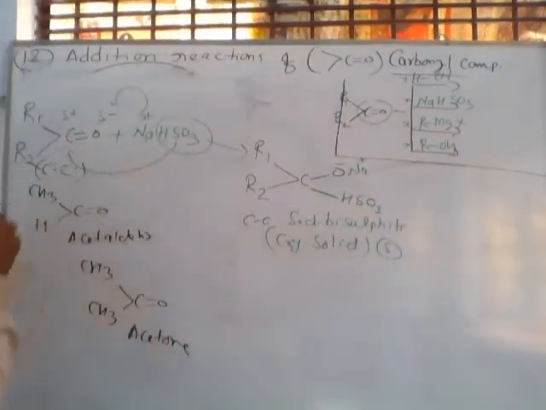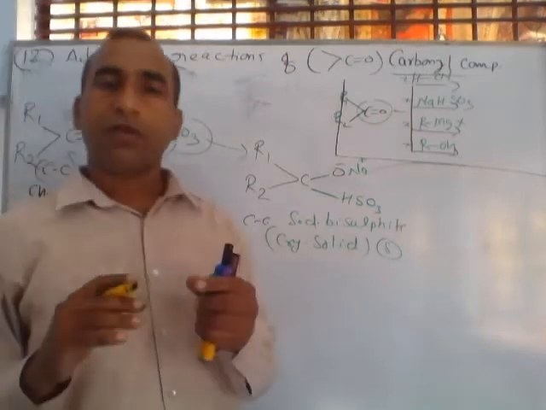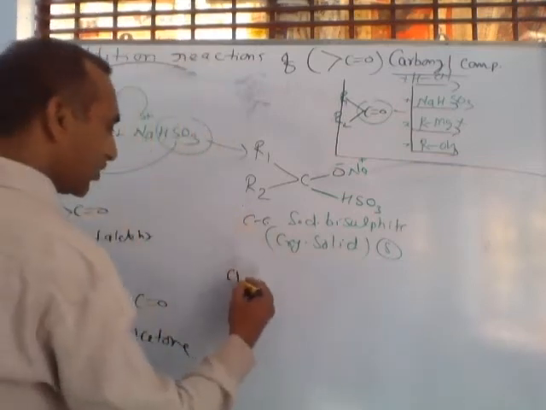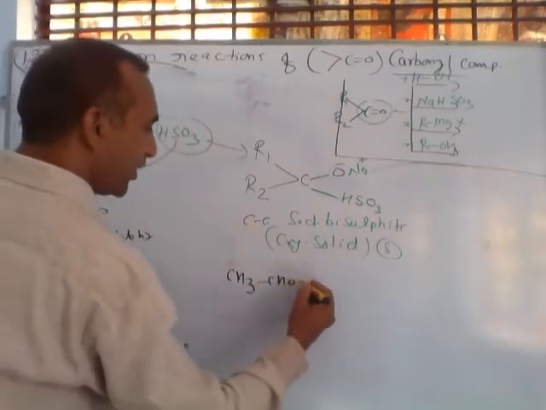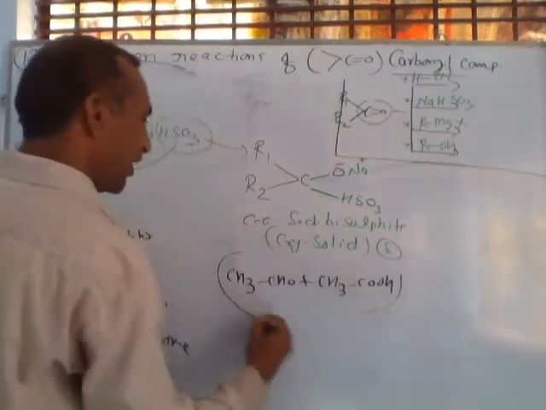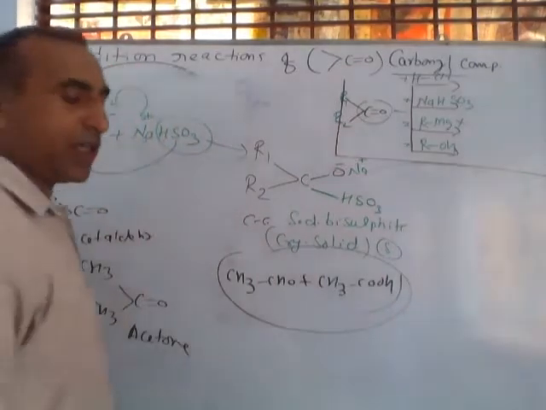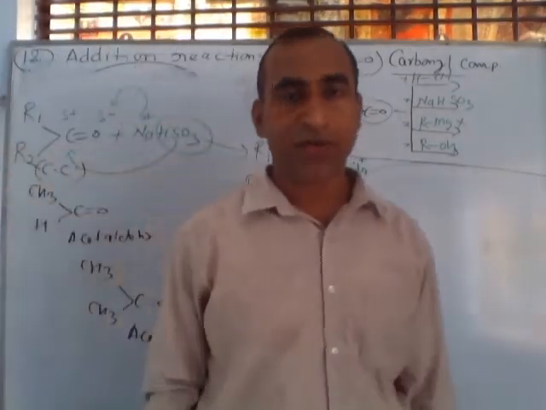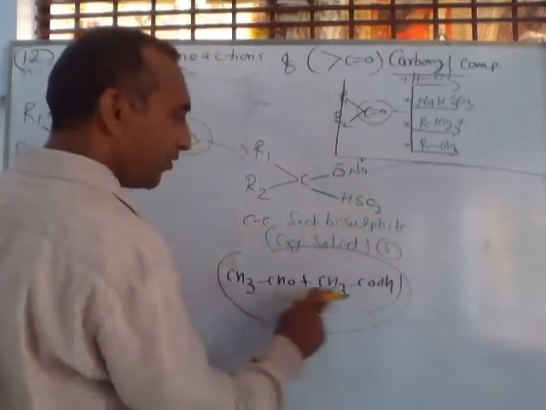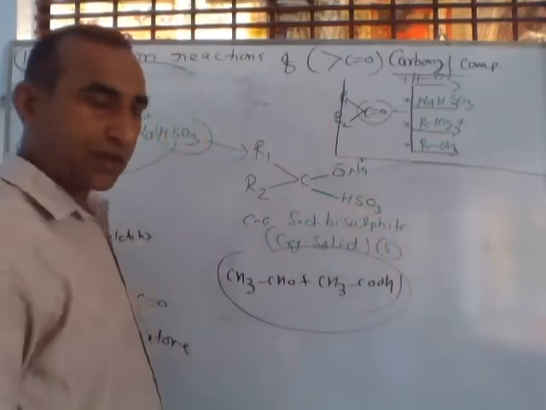If this is a carbonyl compound and another compound is without a carbonyl group, suppose this is acetaldehyde and this is acetic acid. There is a mixture of these two, and they ask how can you distinguish them, or how can you separate acetaldehyde from acetic acid.